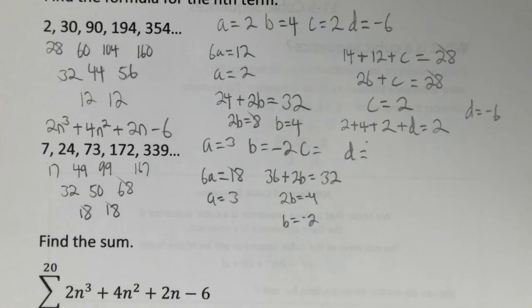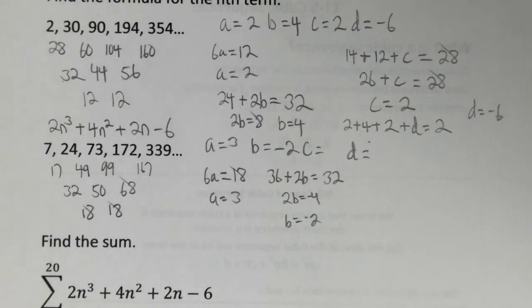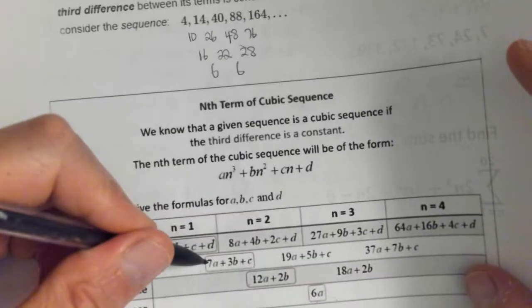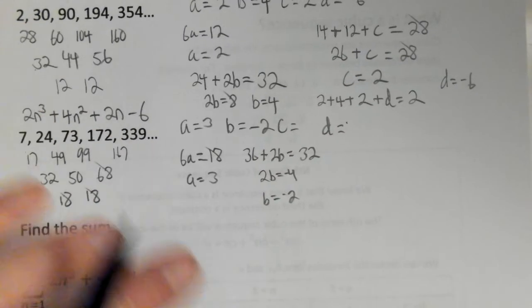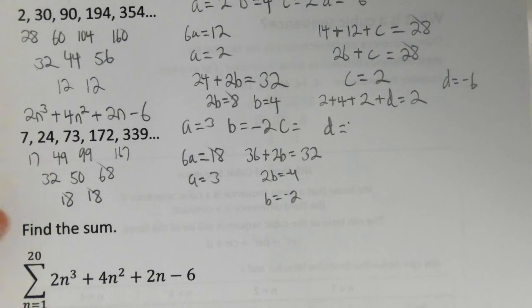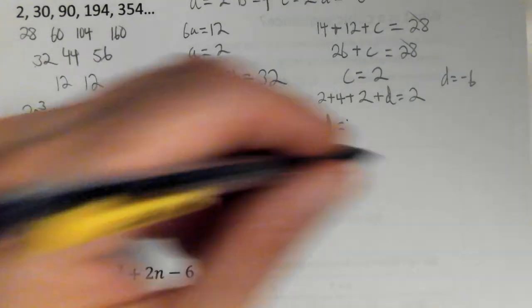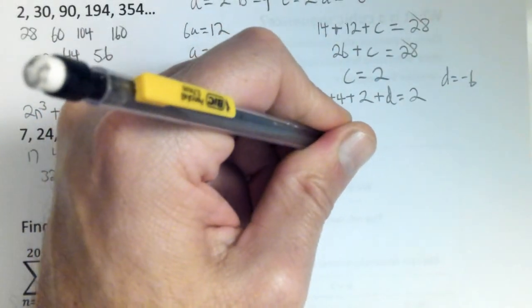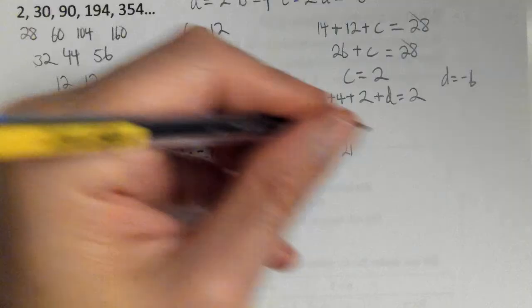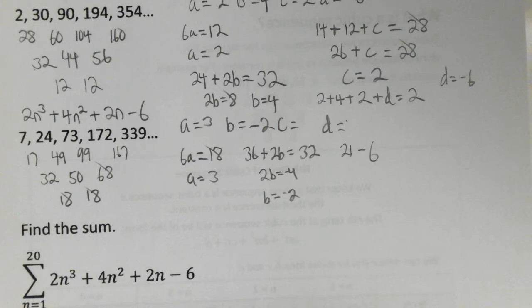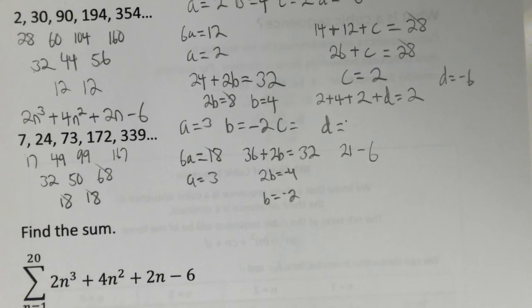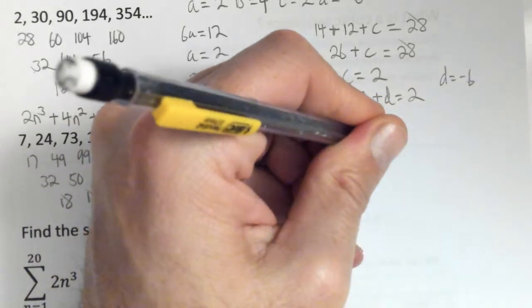Now we need to see, and of course I'll go back and reference 7a plus 3b plus c. 7a, right? So we're talking about 7 times 3, which is 21. And then we're going to have a minus 6 because that's negative 2 times 3. And so then from there, we're going to have the plus c.